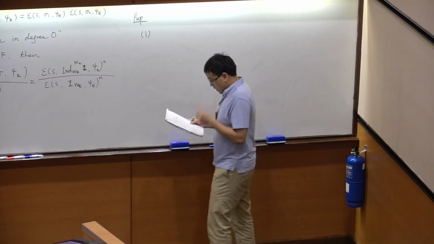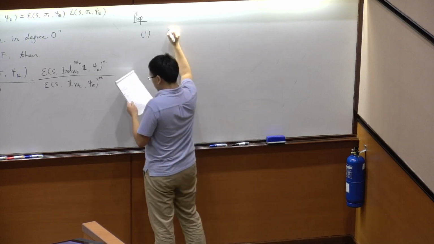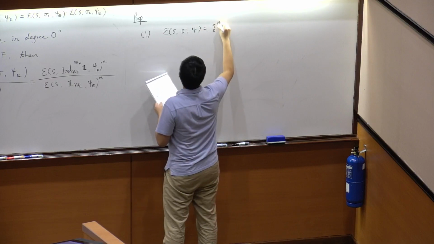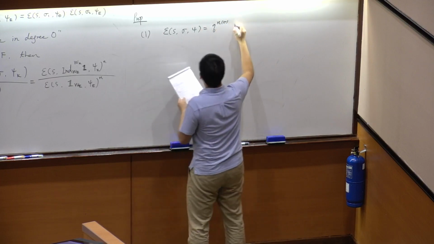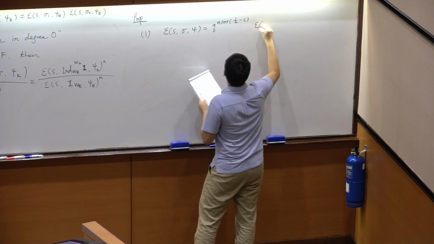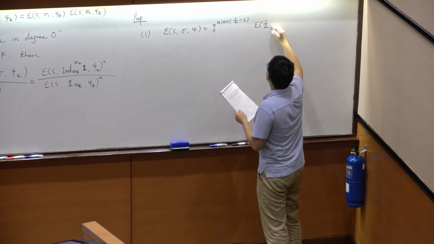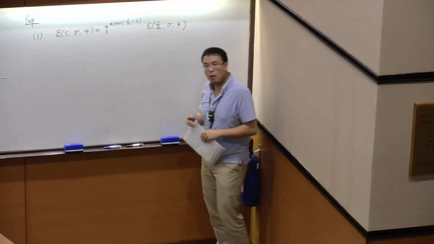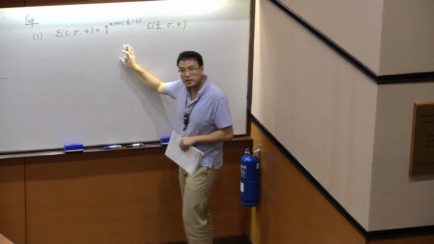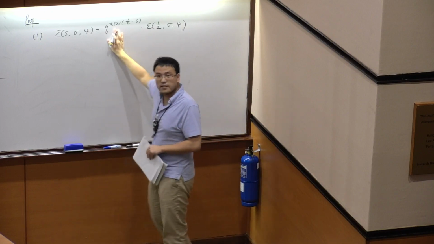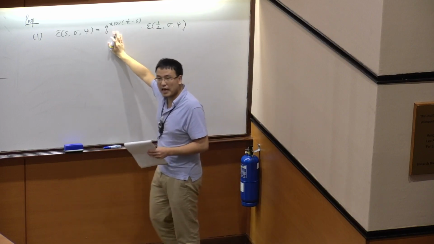Okay, so let's see. We have the epsilon factor is equal to the monomial polynomials of the Q to the negative S. And this n sigma is an integer, which is the Artin conductor.